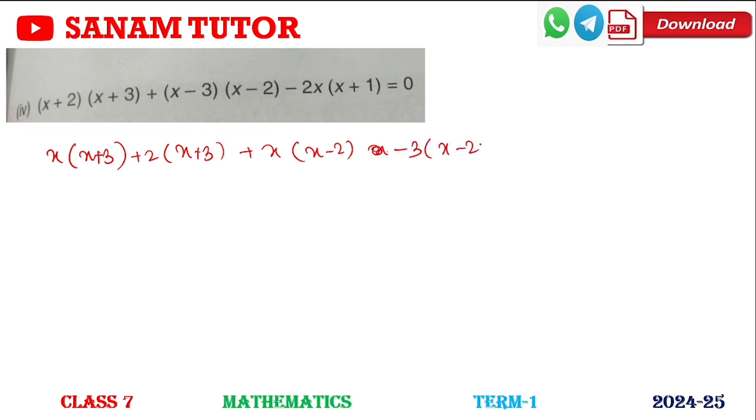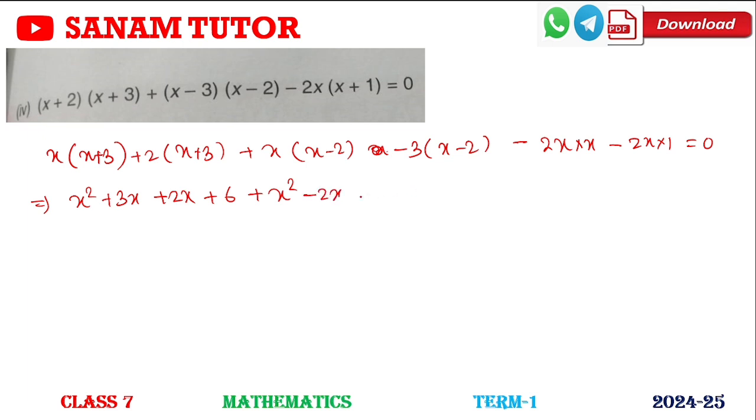First we distribute. Now minus 2x into x, minus 2x into 1 equal to 0. Now multiply: x square plus 3x plus 2x plus 6 plus x square minus 2x minus 3x plus 6 minus 2x square minus 2x equal to 0.